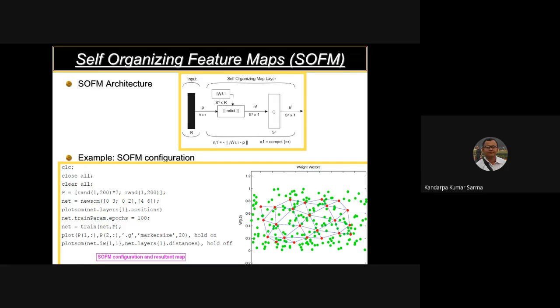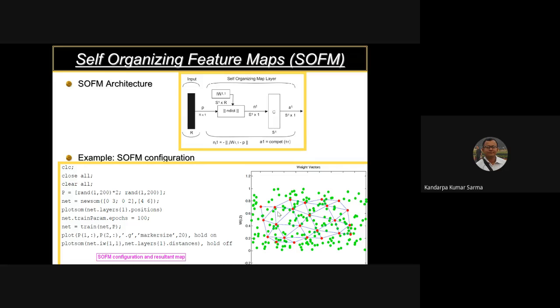So here we can see the red dots will be the cluster centers, neurons that will have the grouping taking place around them. So then the map will be linked.